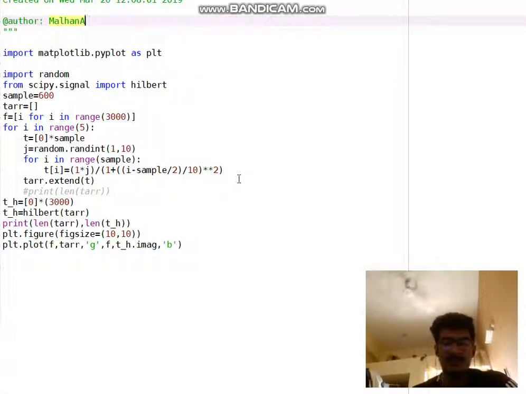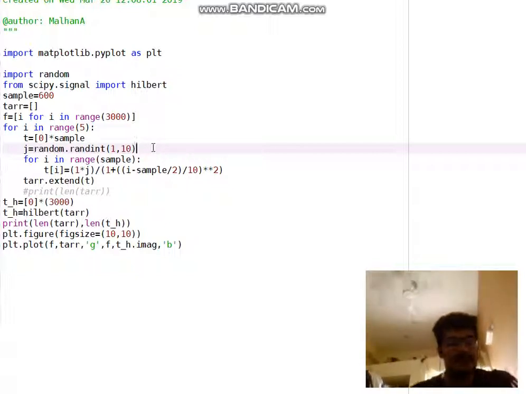We'll make the input signal, that is different peaks, by using the random int function. We'll import the random library and multiply it by different peaks to make the signal look random. Then we'll use the Hilbert transform to find out where the peaks are.